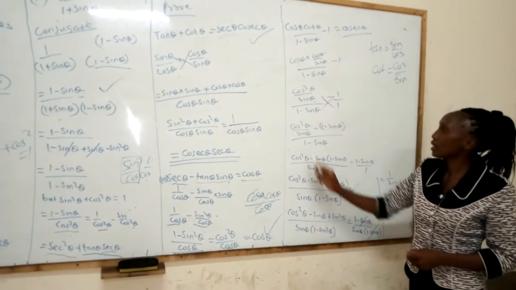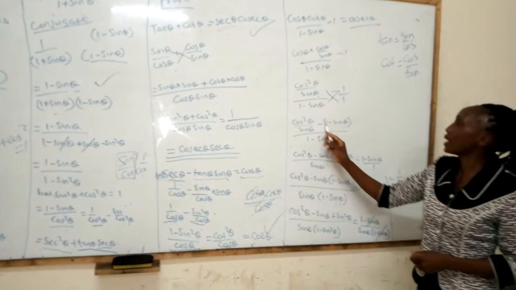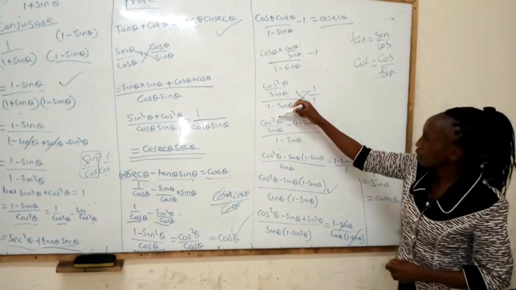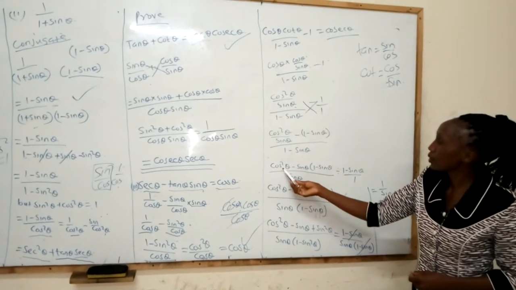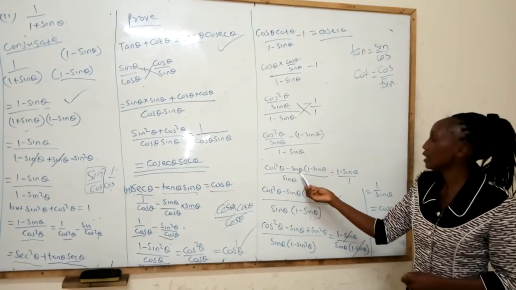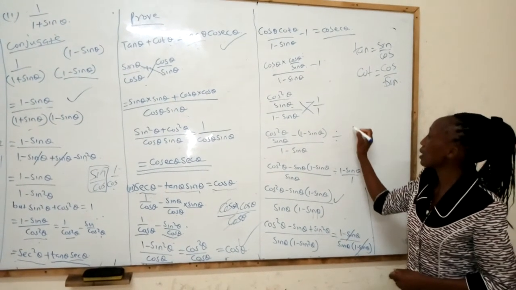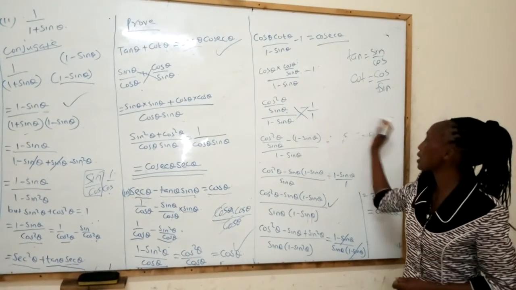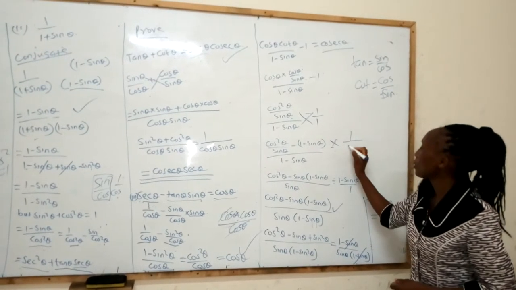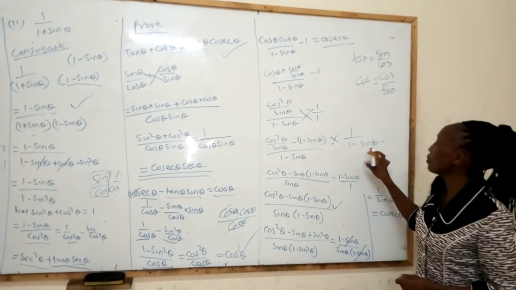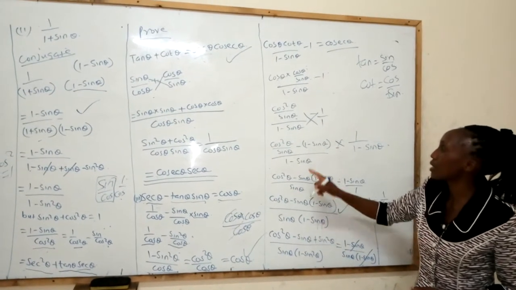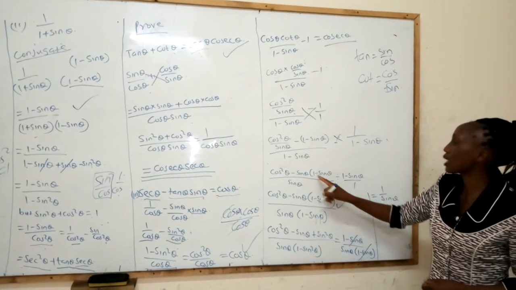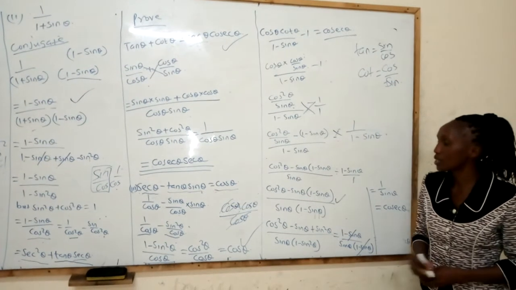That is cos squared theta minus sine theta times this 1 minus sine theta, over the LCM.